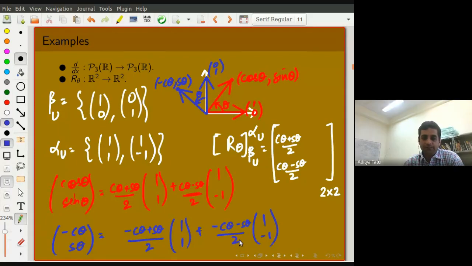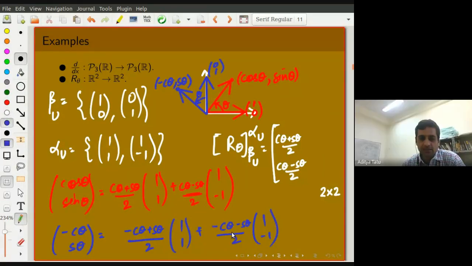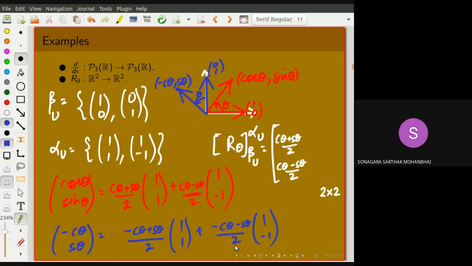Is that okay? Then giving that point minus sin theta, cos theta. Yes, sir. It will be minus sin theta, cos theta. In the representation, the blue vector will point to minus sin theta, cos theta. Okay, great. Thank you.